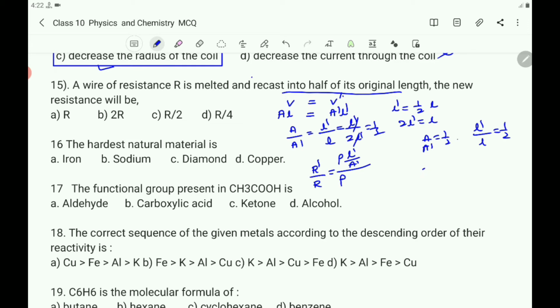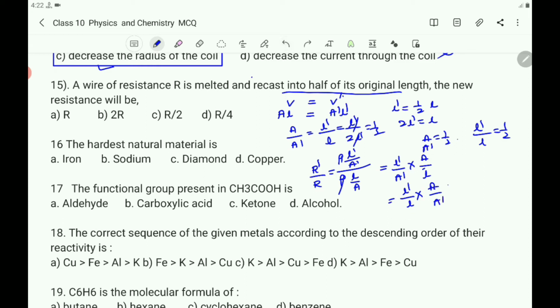Then rho L by A. Rho cancels, so you will get L dash by A dash into A by L. Here you have to take the reciprocal. Then it becomes L dash by L into A by A dash.